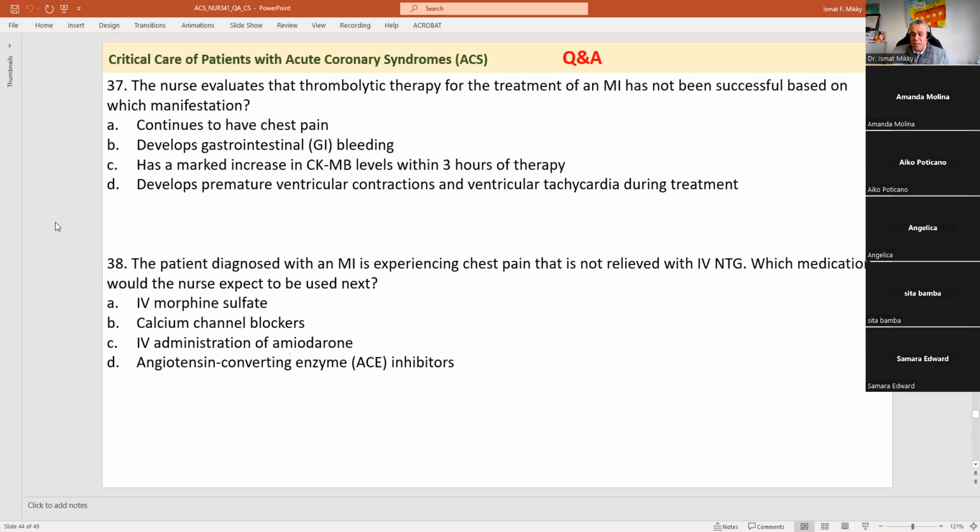Right, so if chest pain continues, doesn't subside, I mean persists, it's a sign that the reperfusion was unsuccessful. Okay, and 38.